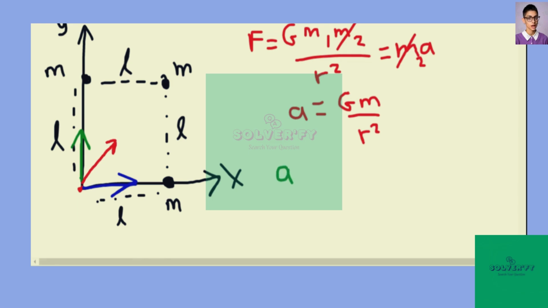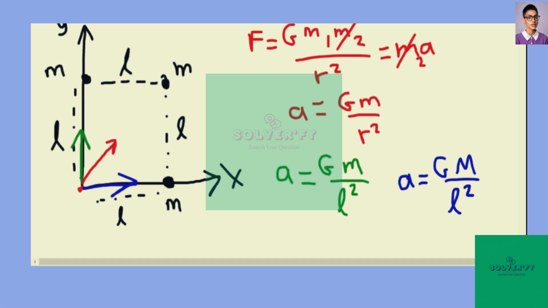Acceleration in the green direction is G m over r squared, which is L squared. The acceleration in the blue direction is the same, G m over L squared.